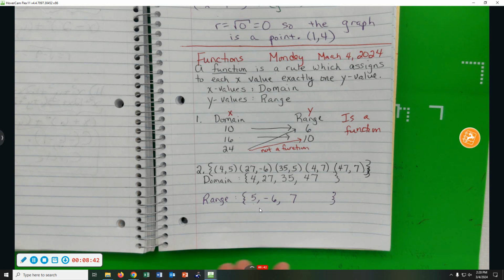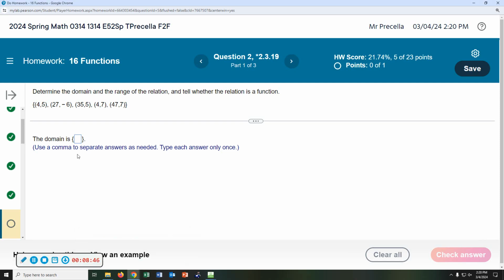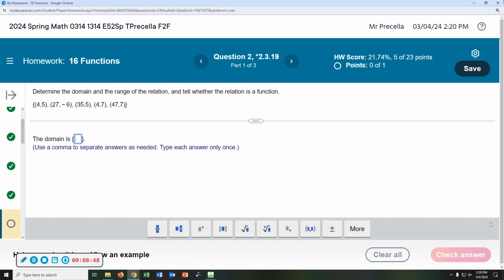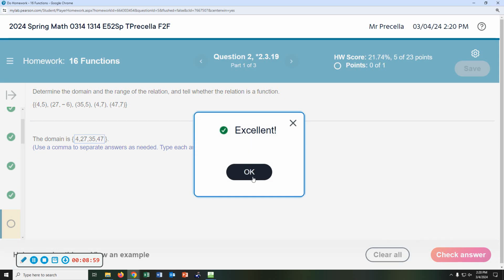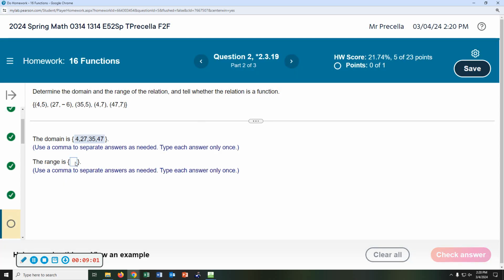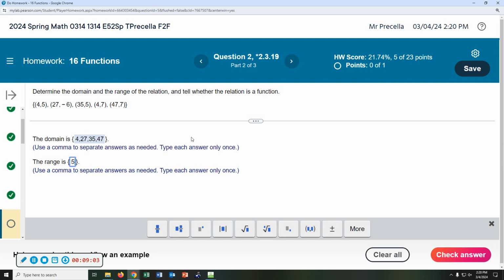So let's go ahead and type those in before we answer the question, is it a function? So the domain, 4, 27, 35, 47. Okay. And now the range, 5, -6, 7.